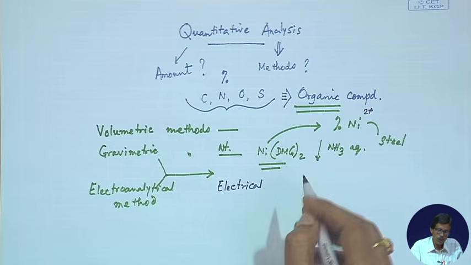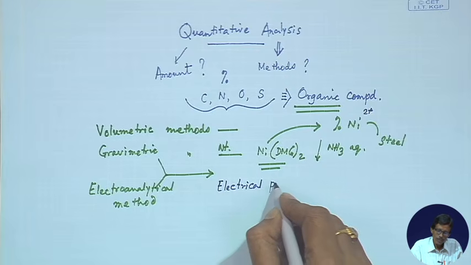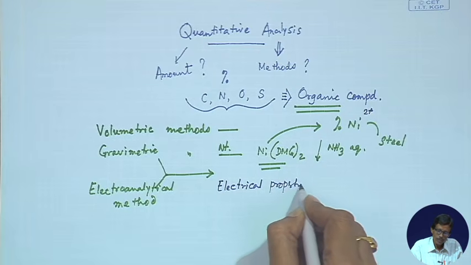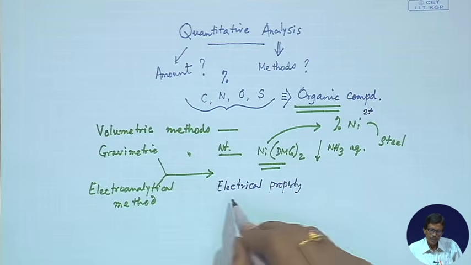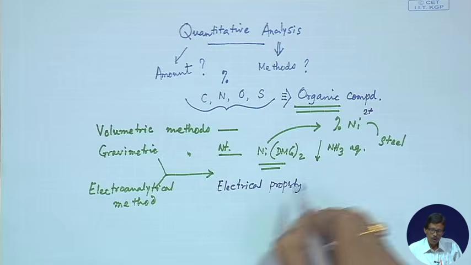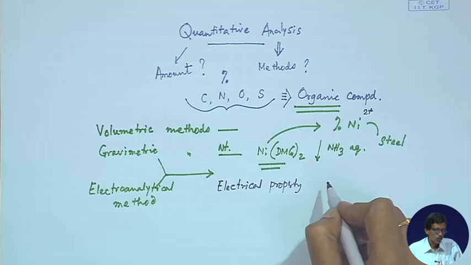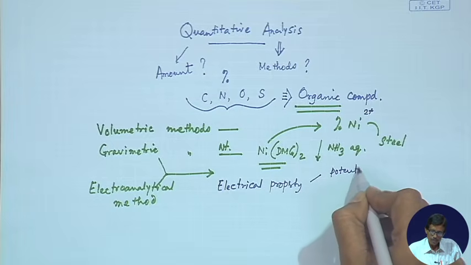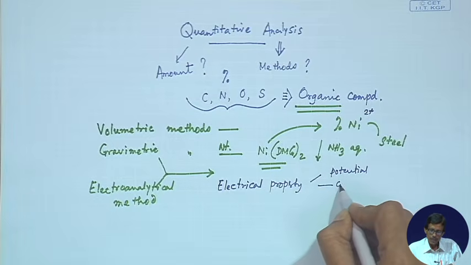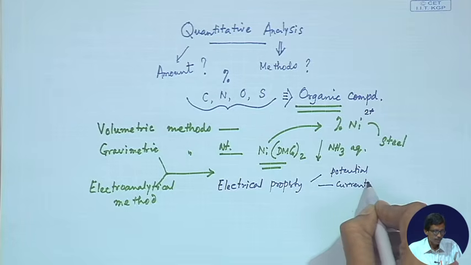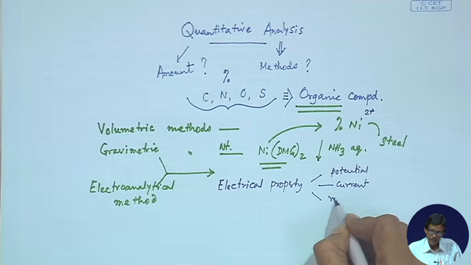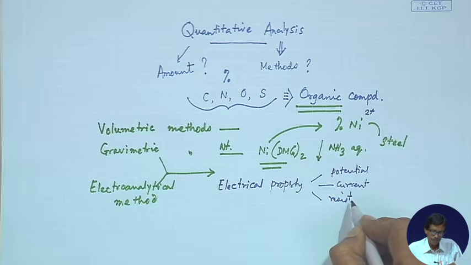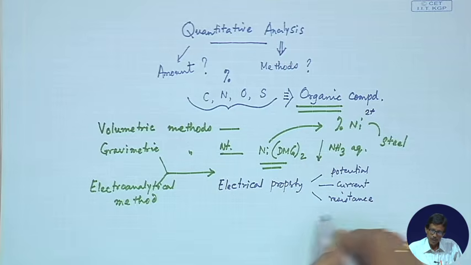So, this is a new quantity. We can measure the electrical charge or electric current. So, the potential we can measure, or we can measure the current, we can measure the resistance, or we can go for the Coulomb count.